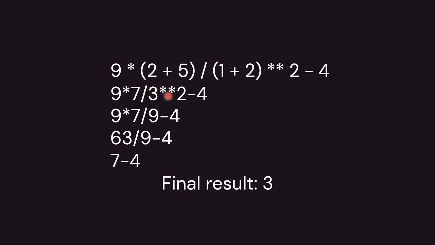Since exponentiation has greater precedence than multiplication, division and subtraction, we'll do the exponentiation before all these operations, and 3 power 2 gives 9. Here we have the same kind of rule, multiplication and division, so from left to right this is operated. So 9 into 7 is 63, and 63 divided by 9 is 7, minus 4, which gives the final result as 3.